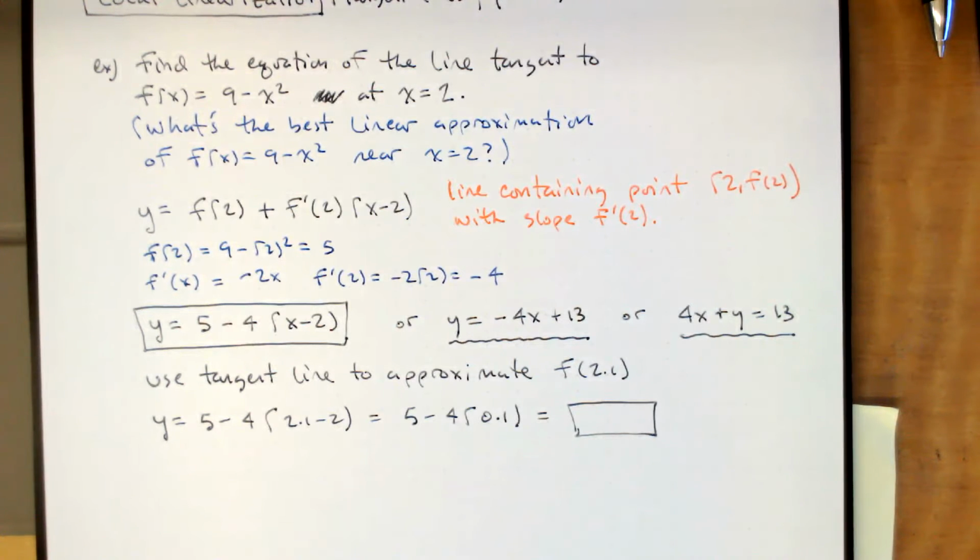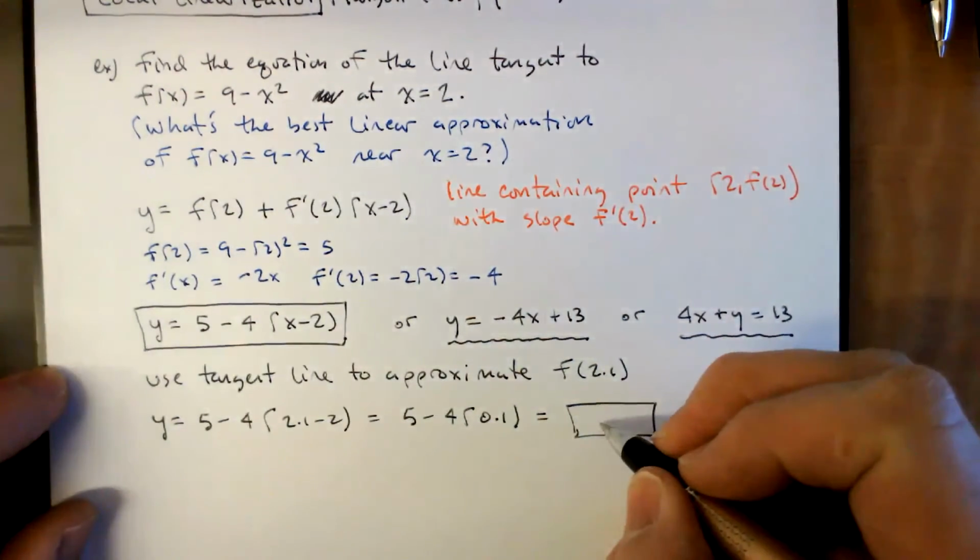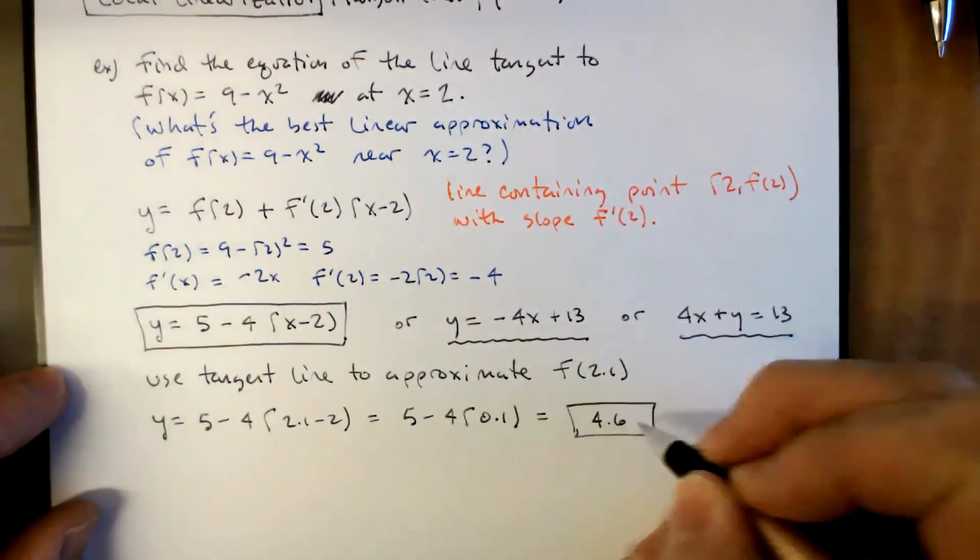The actual value is not important. Seeing what this calculation is telling us, that's what's important. Start at 5 and decrease by 4, 0.1 times. 5 minus 0.4 is 4.6. That's like the least important part.